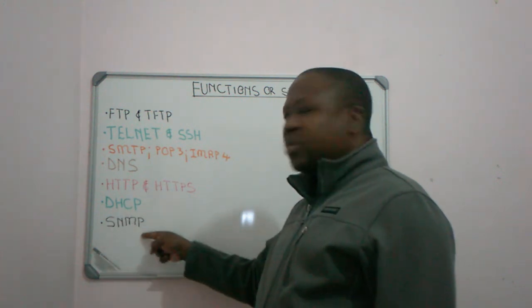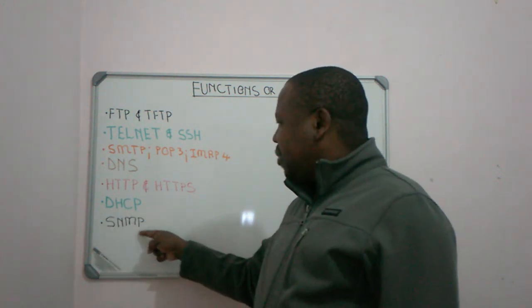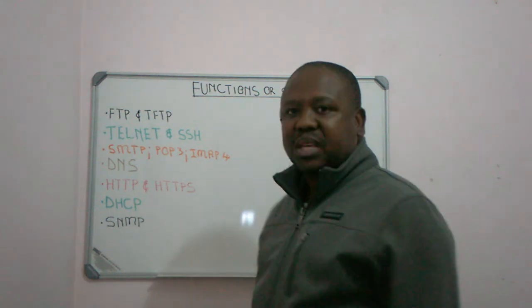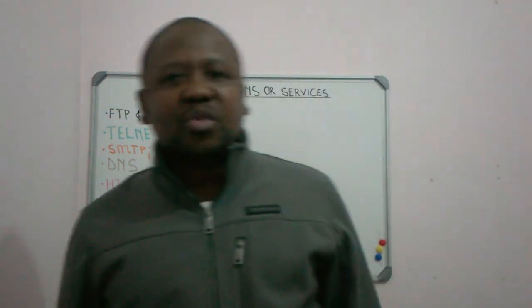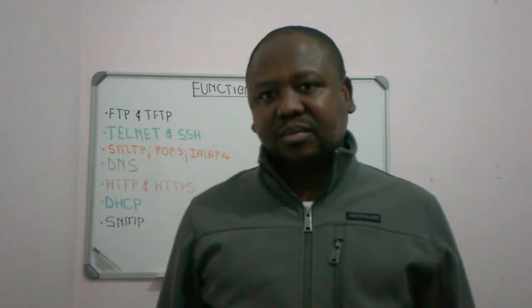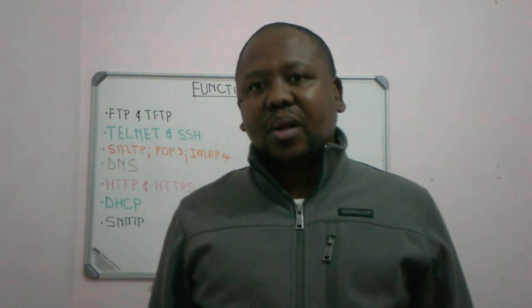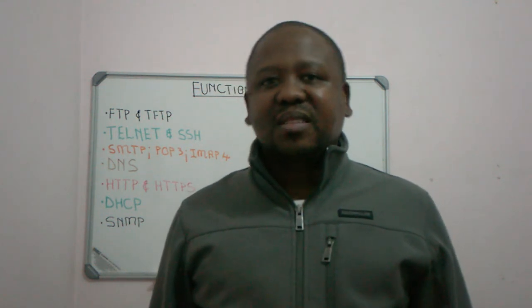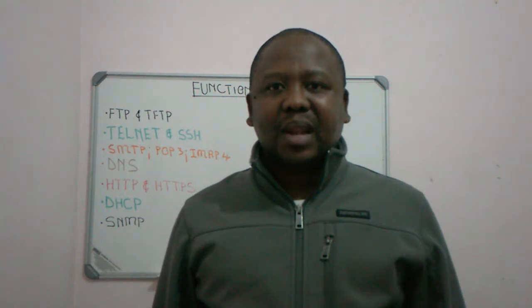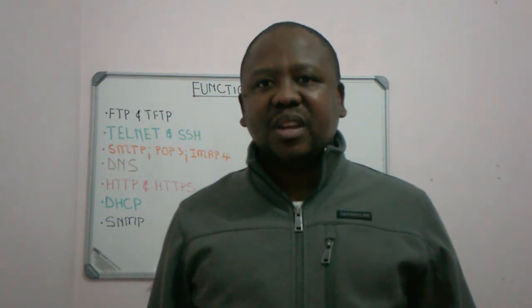Last but not least, we have Simple Network Management Protocol, SNMP. It uses port 161. It's used to get the statistics of the network, like everything that's happening on the network.